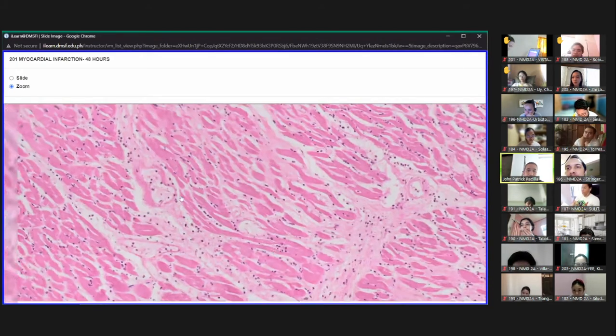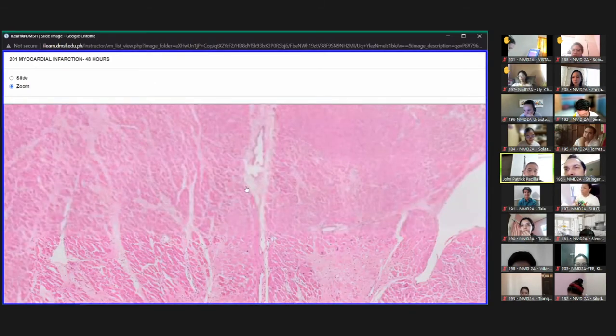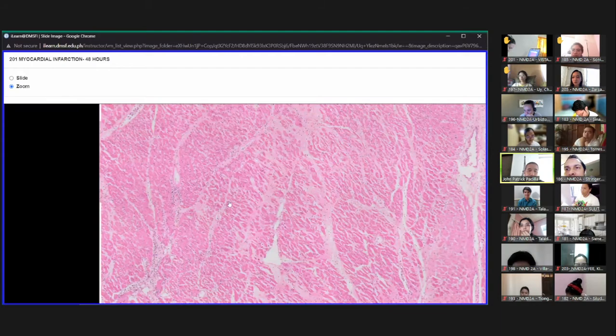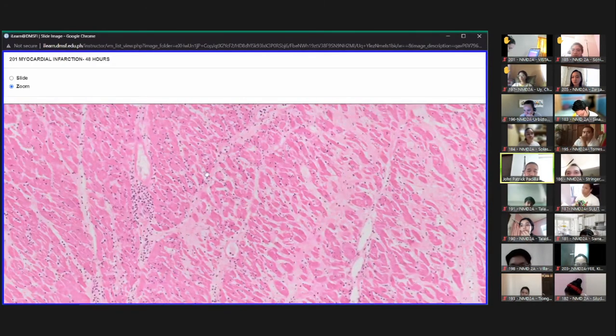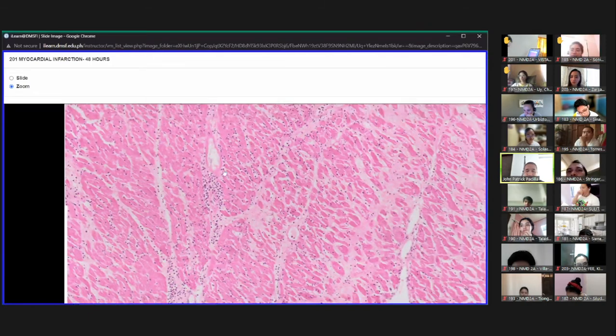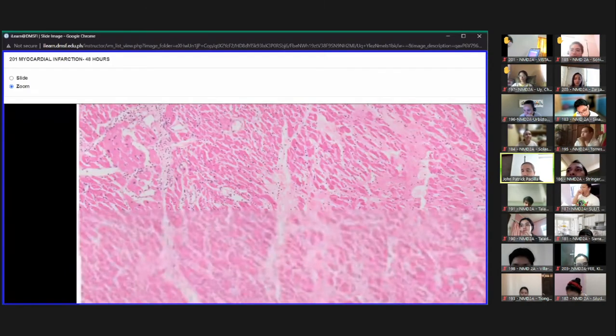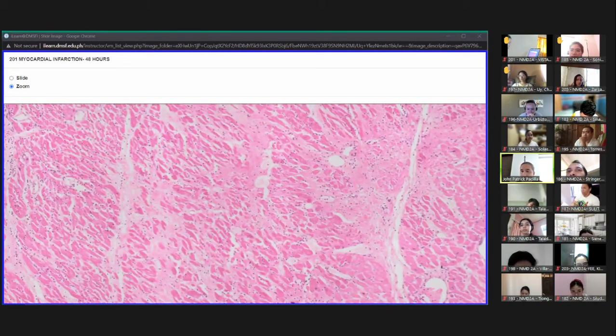Ano pa tayo na alam ng areas. So this particular area, this is already part of infarction. You can see the presence of a lot of neutrophilic infiltrates. Okay? Yan.